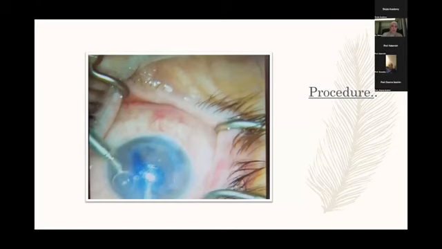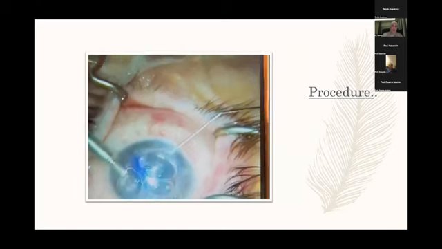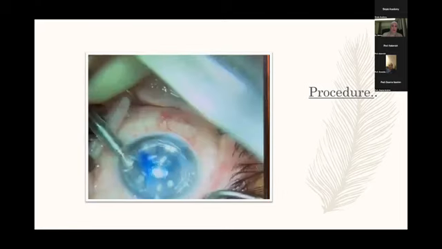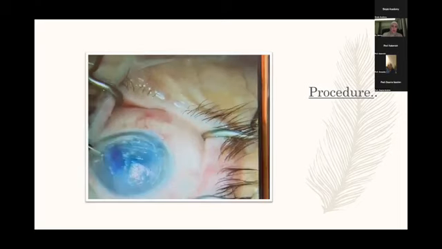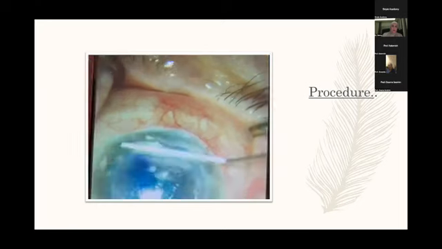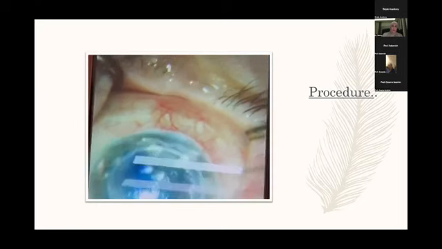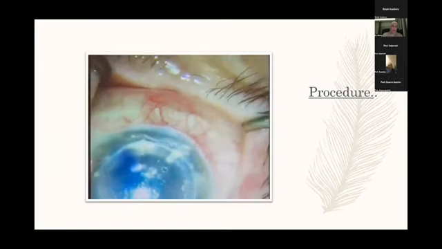I just make a little push of BSS or saline using the artificial anterior chamber, and then I place my air bubble inside, and I take out the AC maintainer. And then I direct my surgery towards centralizing the graft, and I secure the side ports with stitches, and I wait for it to attach.